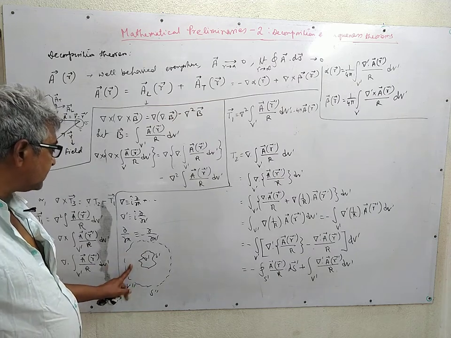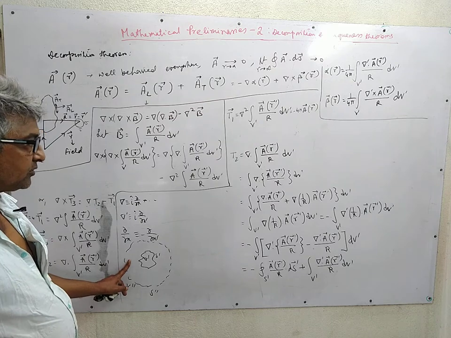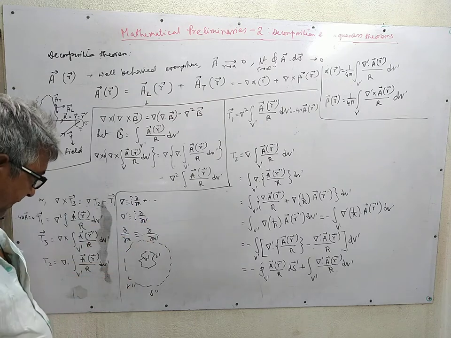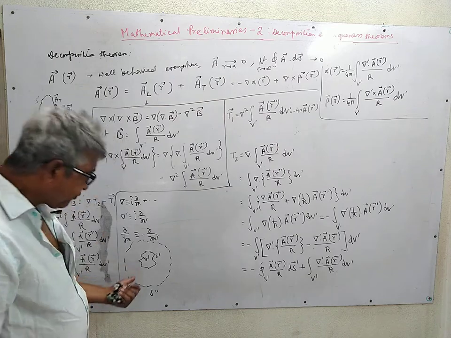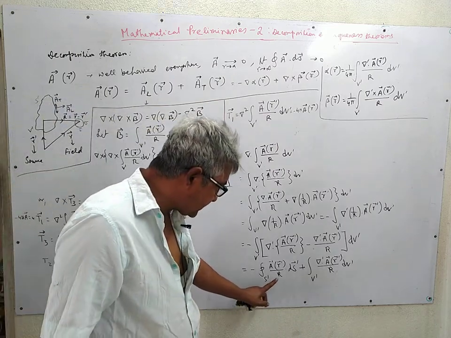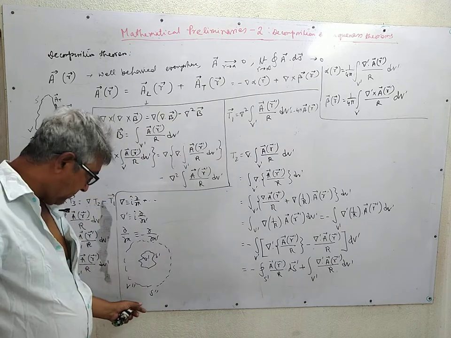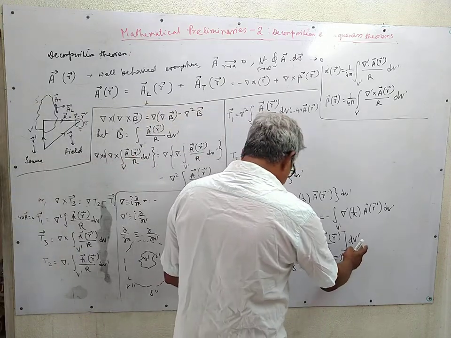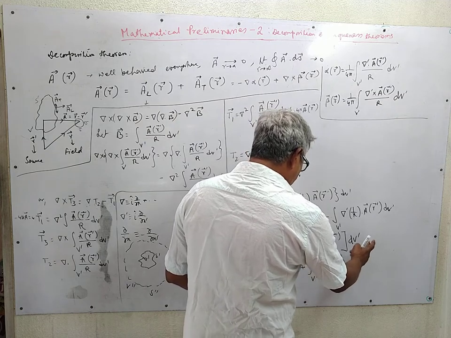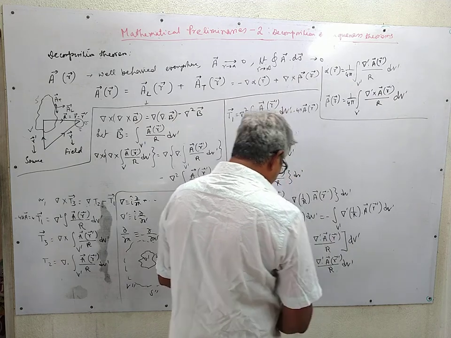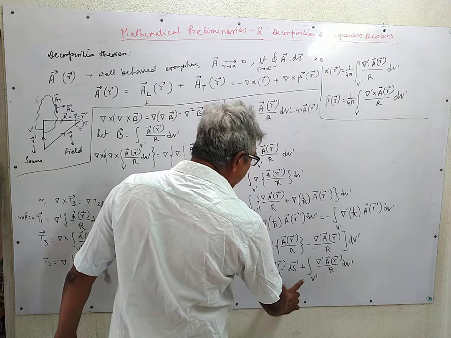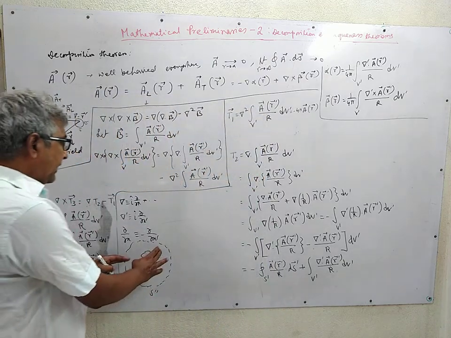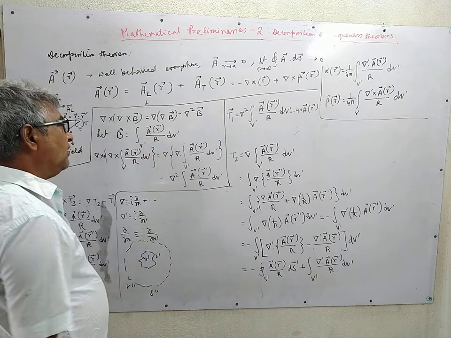So in fact this part does not contribute anything to the integral, but in using the vector theorem, if we take this surface to S double prime, we can convert this integration into V double prime integration, in which case this part will be converted into an S double prime part, and we can take S double prime to lie far away.